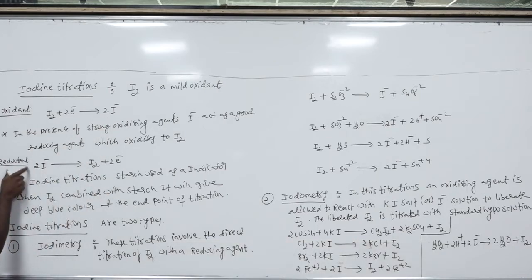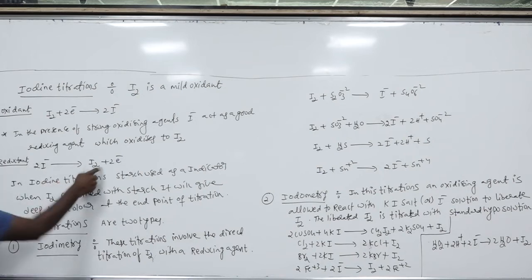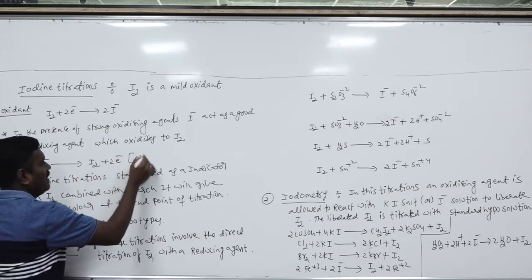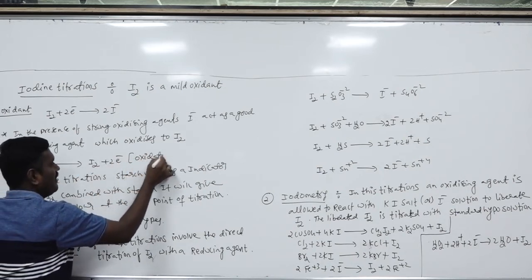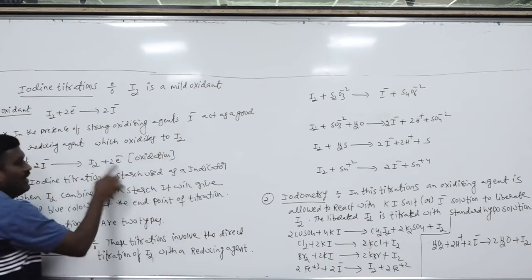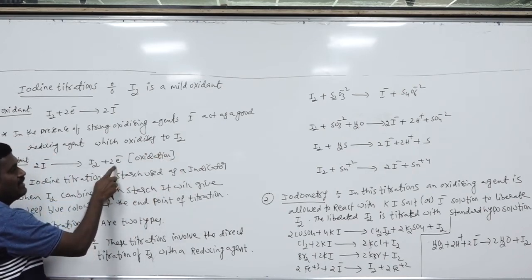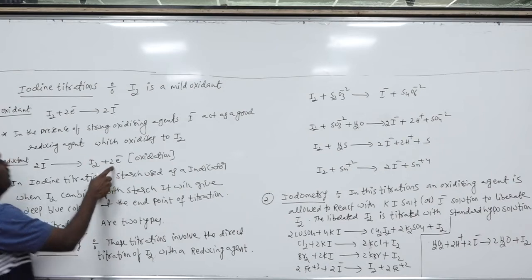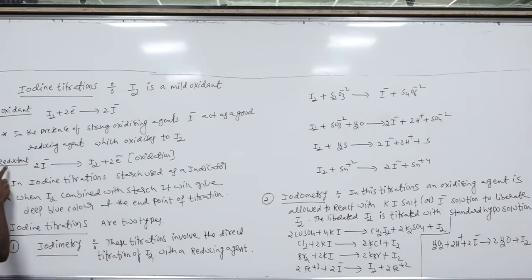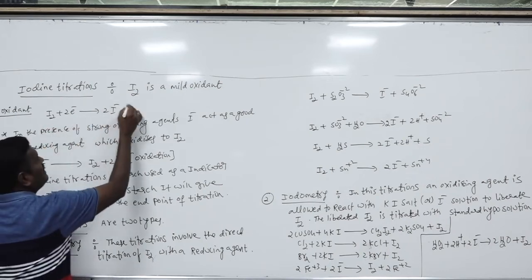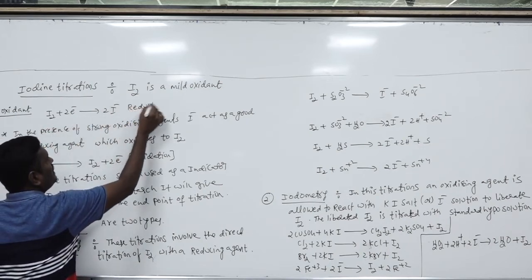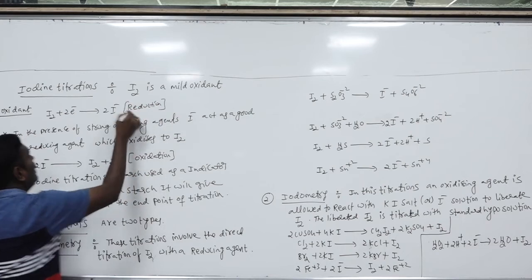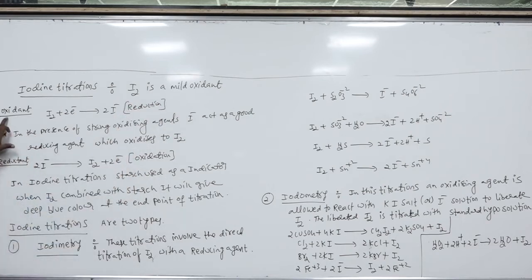This is a reduction, this is an oxidation reaction. What is the definition of oxidation reaction? Loss of electrons. Loss of electrons is called oxidation, and the substance which is oxidized is called a reducing agent. And the gaining of electrons is called reduction. The substance which is undergoing reduction is called an oxidizing substance.